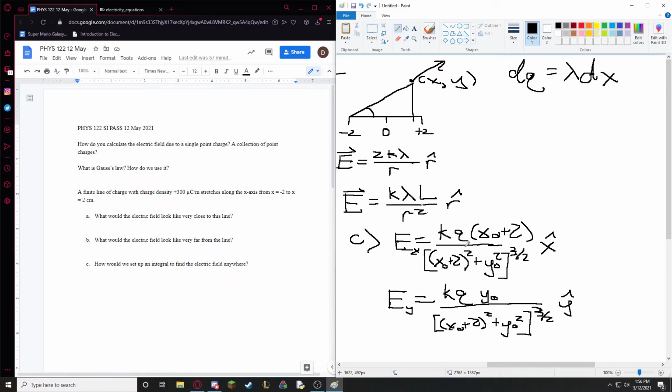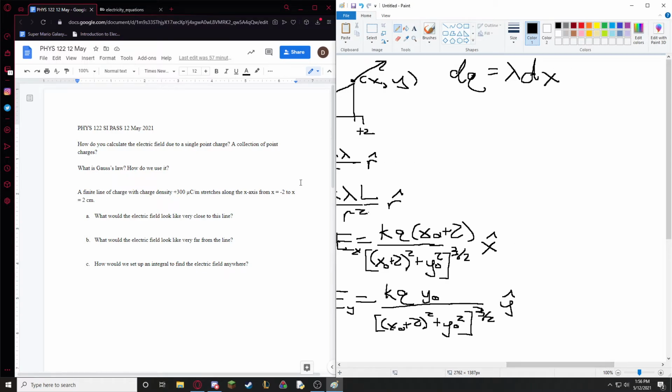So now we just throw it into an integral, right? And we integrate from -2 to +2 on the x-axis.